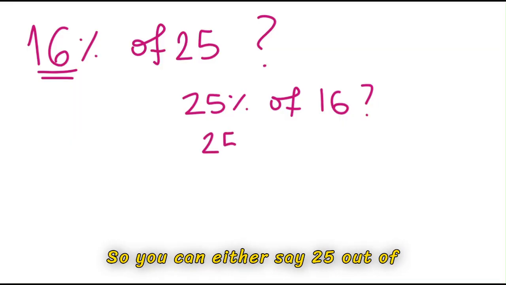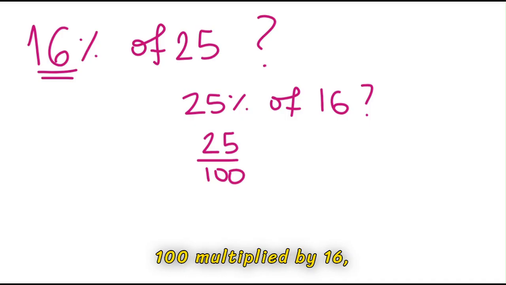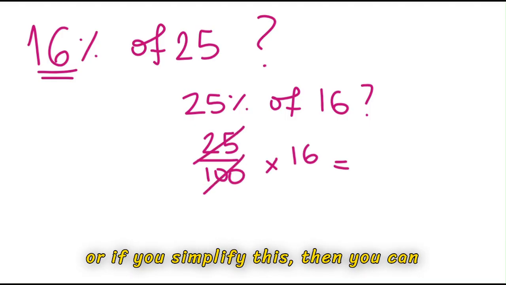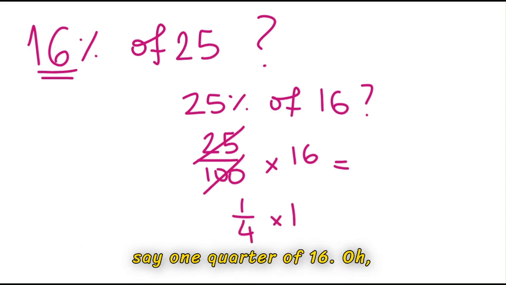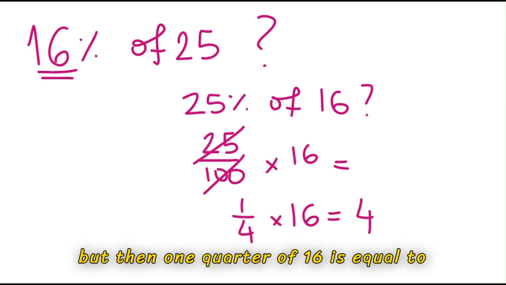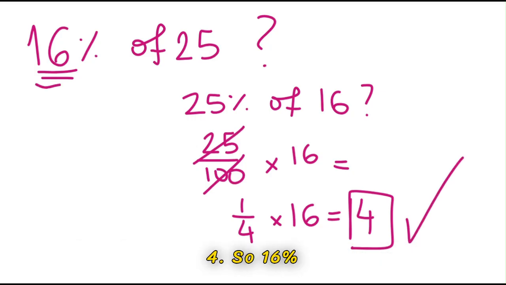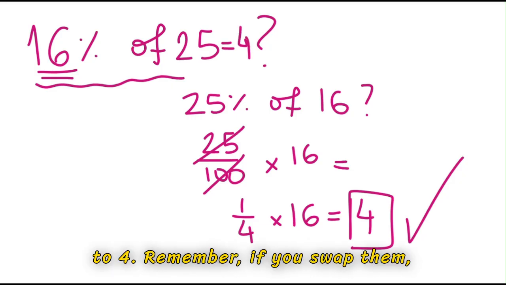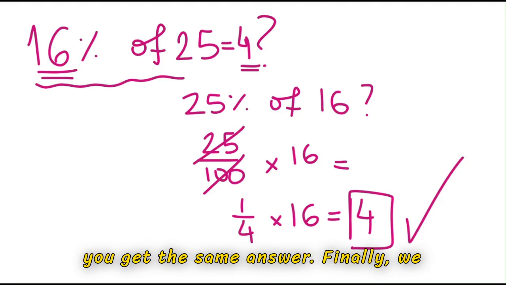So you can either say 25 out of 100 multiplied by 16, or if you simplify this, then you can say 1/4 of 16. Oh, but then 1/4 of 16 is equal to 4. So 16% of 25 is equal to 4. Remember, if you swap them, you get the same answer.